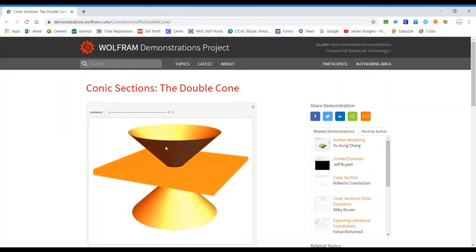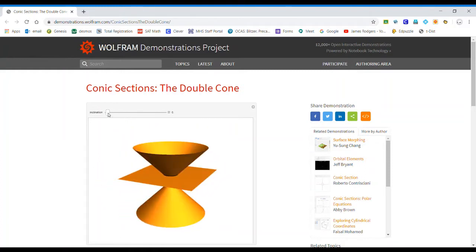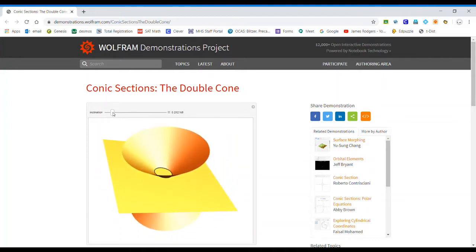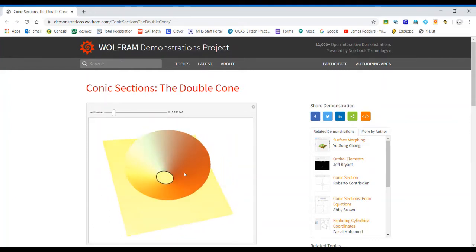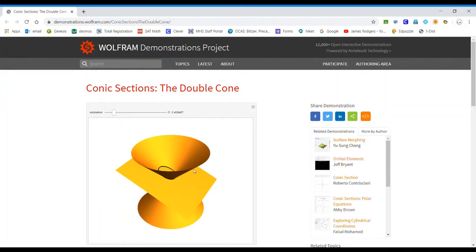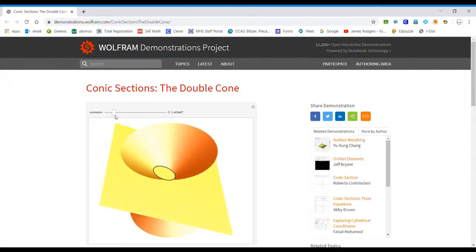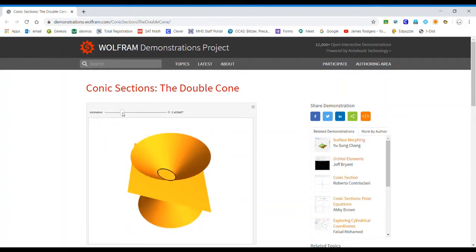And then it allows you to change the angle of the plane that's slicing through, and it's not super obvious. Let me go a little bit more. You can see now it is an ellipse. It's a little jumpy, but you can see now that is an ellipse. And then you can change the angle a little bit more.